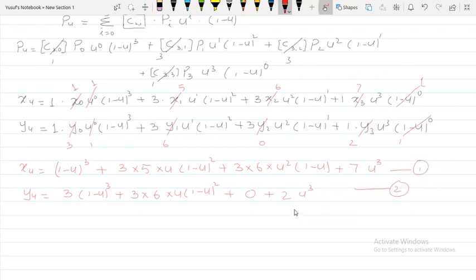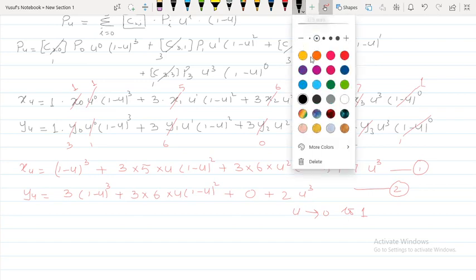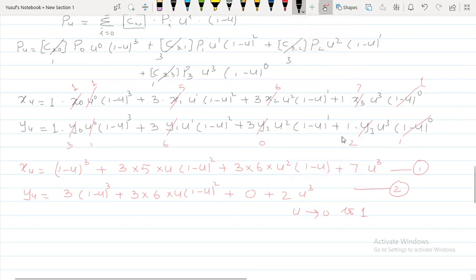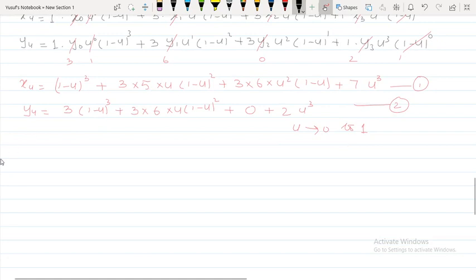So this is equation number 1 and this is equation number 2. In these two equations you have to change the parameter u from 0 to 1 and calculate the values. So construct one table and calculate these values. First column is u.